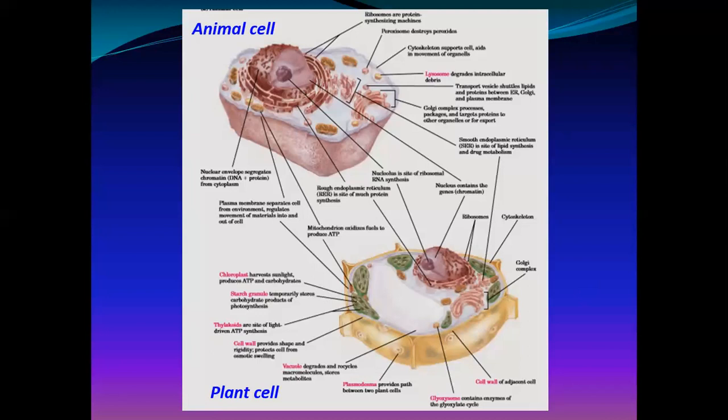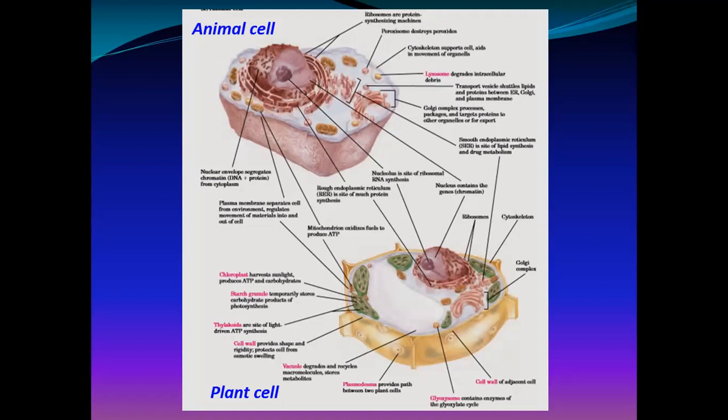In the next lecture, I will be teaching you about this. You can see a lot of machinery, where the work is distributed among different organelles. The mitochondria is the energy house of the cell, and ribosomes are involved in protein synthesis. There's a slight difference between the animal cell and the plant cell.